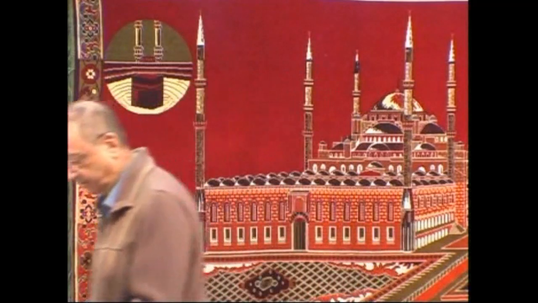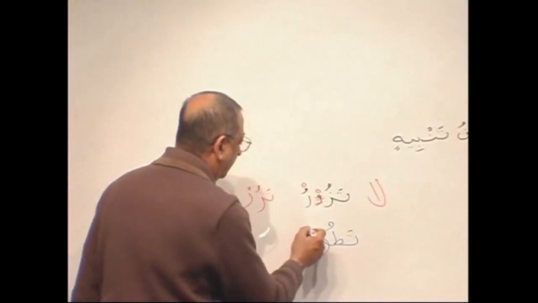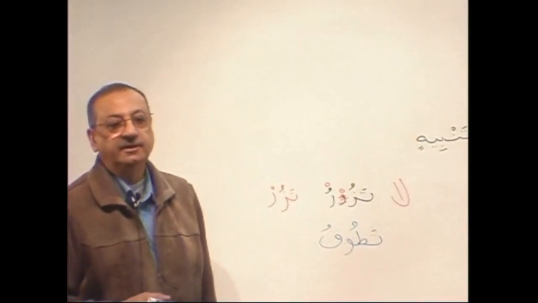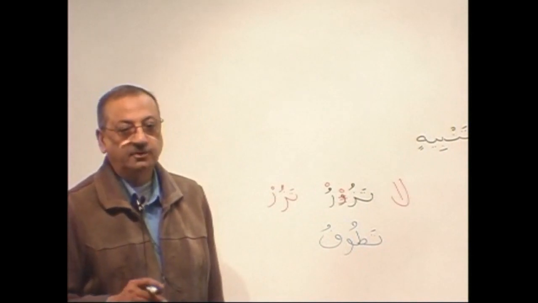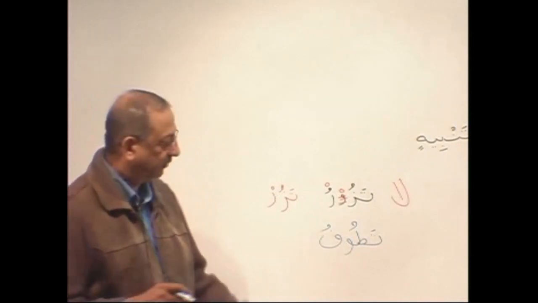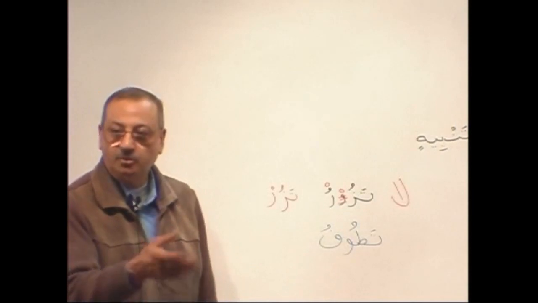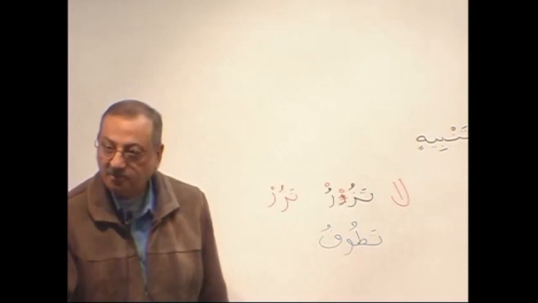Same way. Okay, let me write one more, brother. Tatufu. What is this, brother? Tafa, yatufu. Yatufu, five in our pocket. Tatufu, tatufu, atufu, natufu. So tatufu. Amr is when you tell somebody to do something. La nahiya, you tell somebody not to do something.